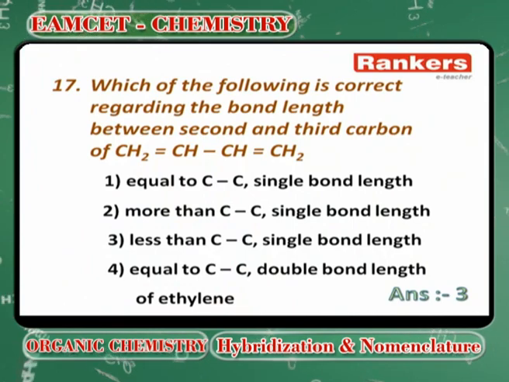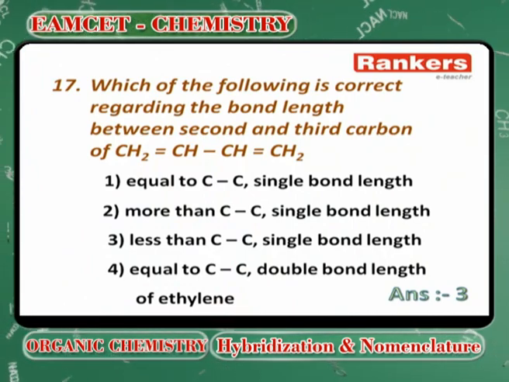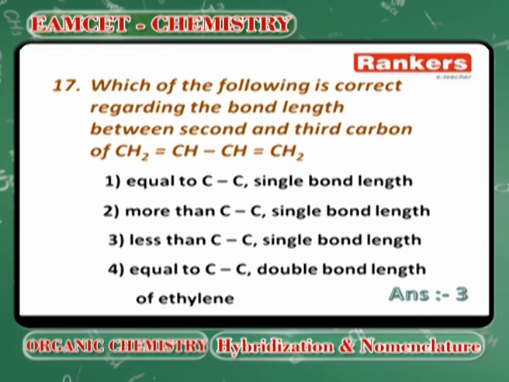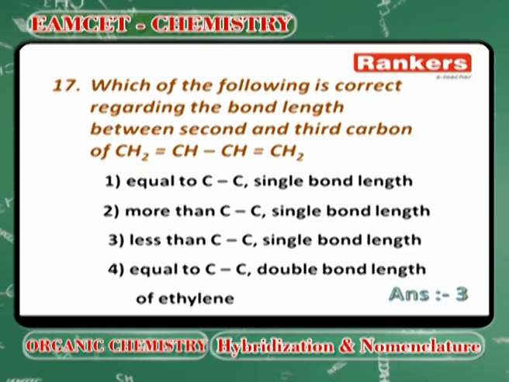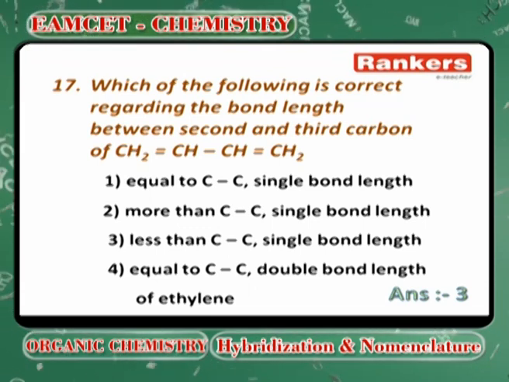Which of the following is correct regarding the bond length between the second and third carbon atoms? See, this is 1,3-butadiene, and all the carbons are sp2, with the carbons on this side and that side having the double bonds. In the middle, a single bond is there, and a single bond happens to be longer. But the problem is that another concept called resonance is involved.